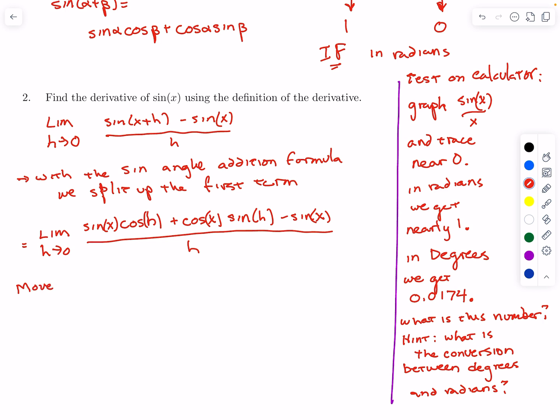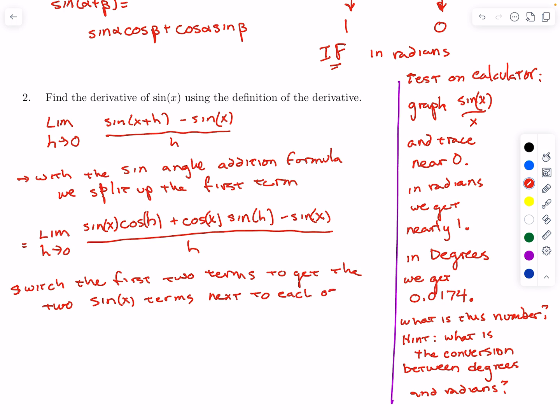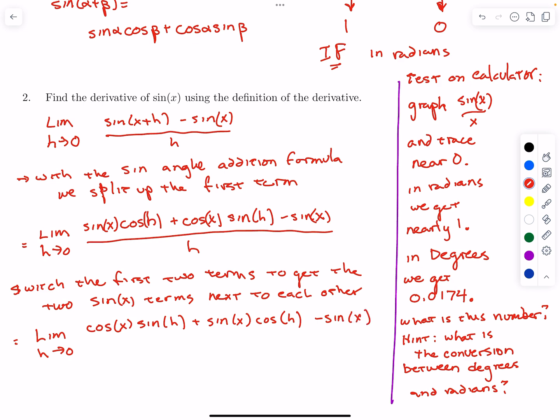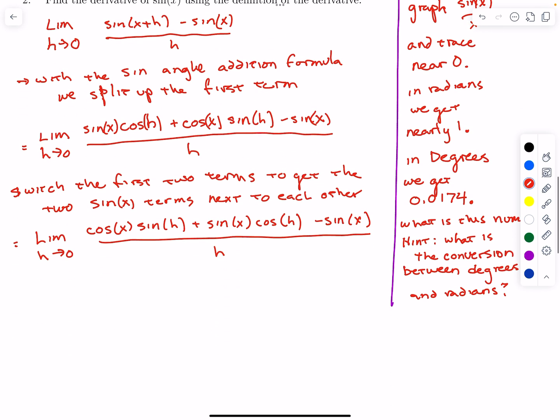And just write it as okay, split it up into two separate fractions.